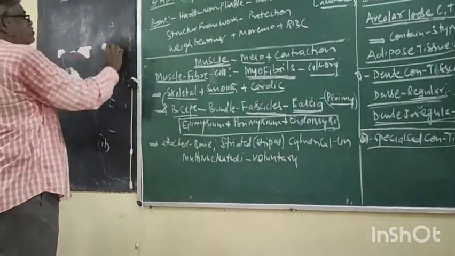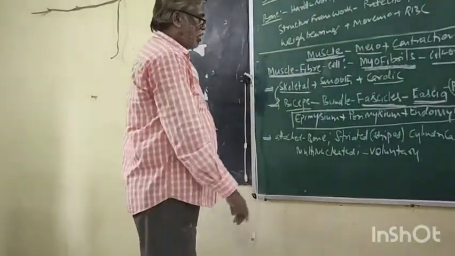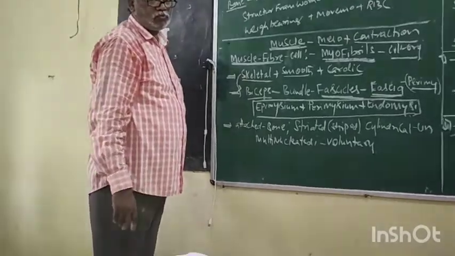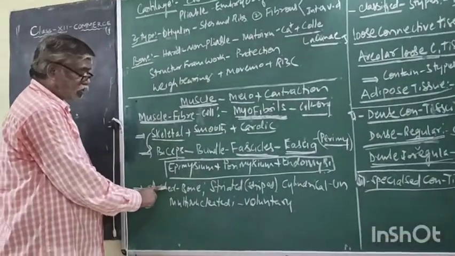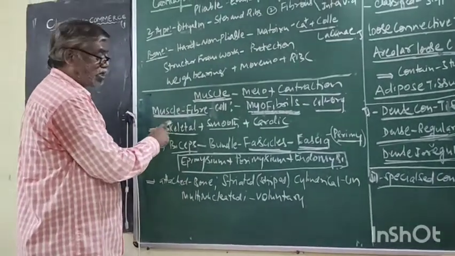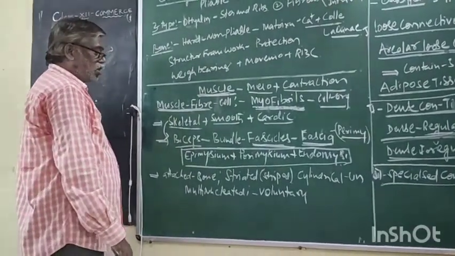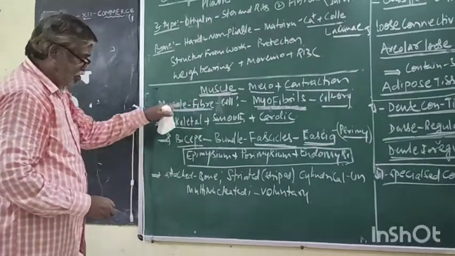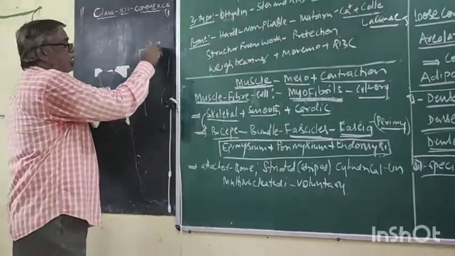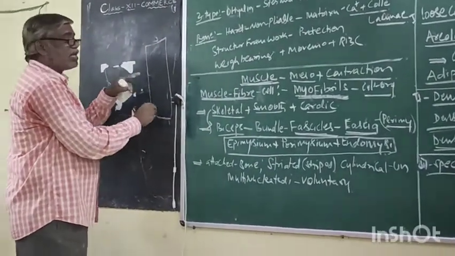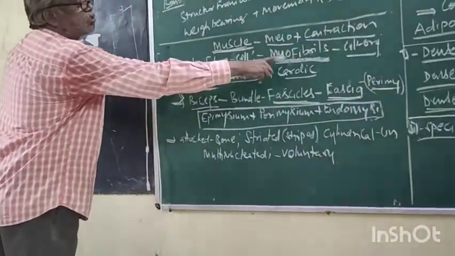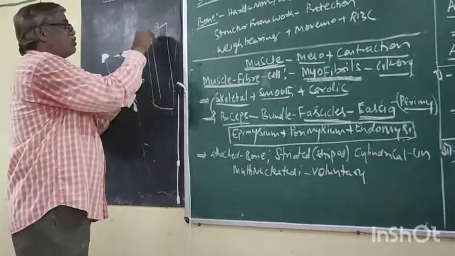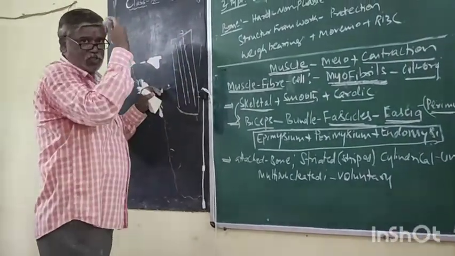Now what are the characteristics of skeletal muscle? Why is it called a skeletal muscle? Yes. The muscle is attached to the bones, hence it is called skeletal. If you take one skeletal muscle cell and see under an electron microscope, the myofibrils appear like stripes.